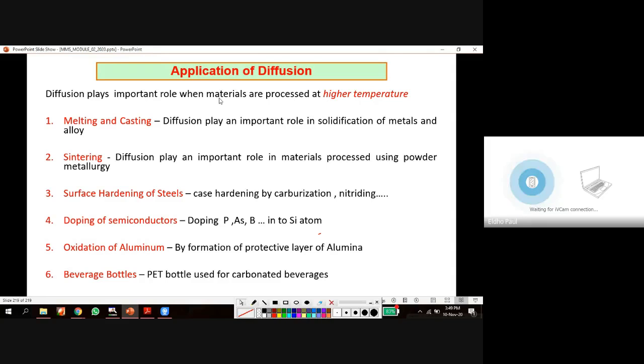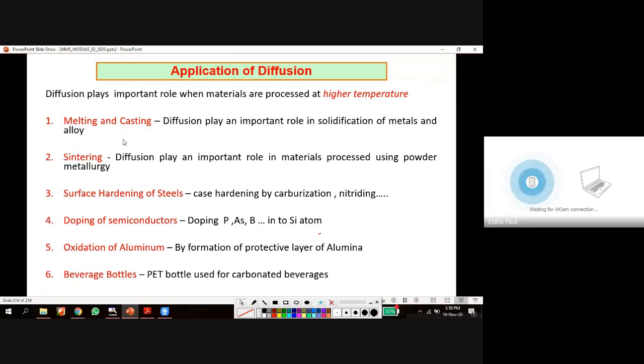Okay. So in melting and casting, diffusion plays an important role in the solidification of metals and alloys. During solidification, the impurity atoms, alloy elements or solute atoms diffuse into interstitial positions, substitutional positions or lattice positions. So in melting and casting, diffusion plays an important role.